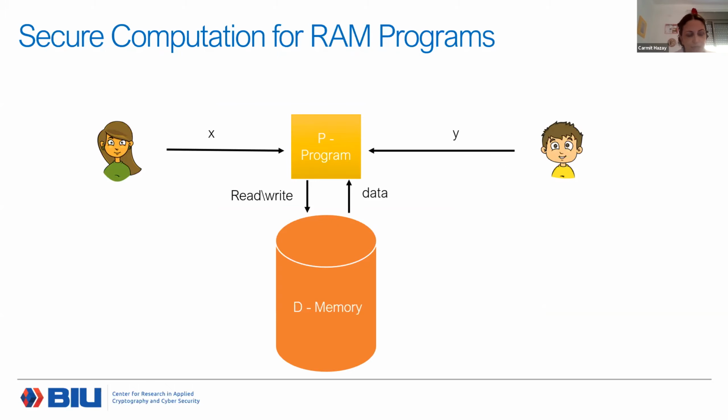And they mutually also, while running the program, need to access some memory. So the protocol needs to support also these accesses while running privately the program on their inputs. And without loss of generality, usually when we design such a protocol, we assume that the memory is initialized empty and is occupied on the fly.